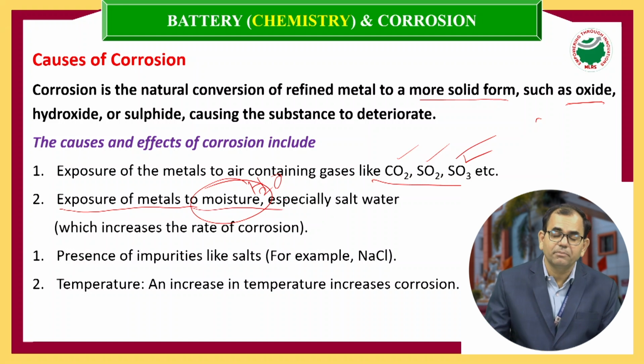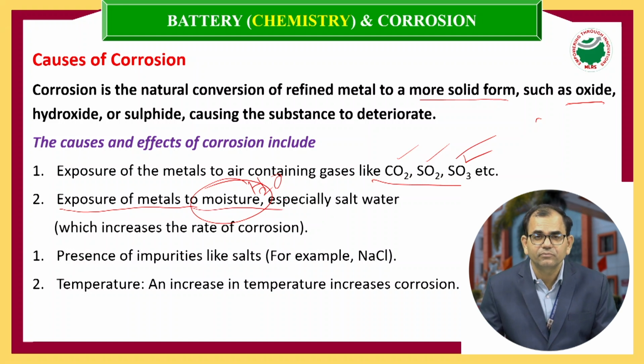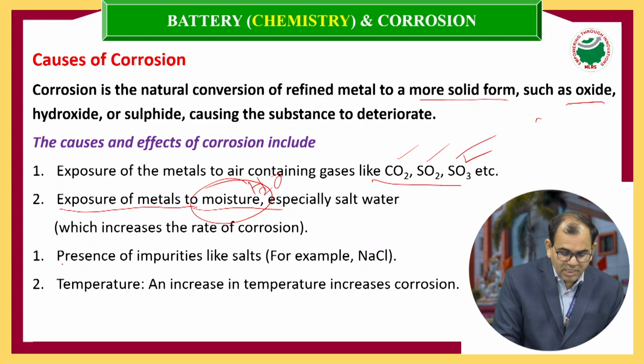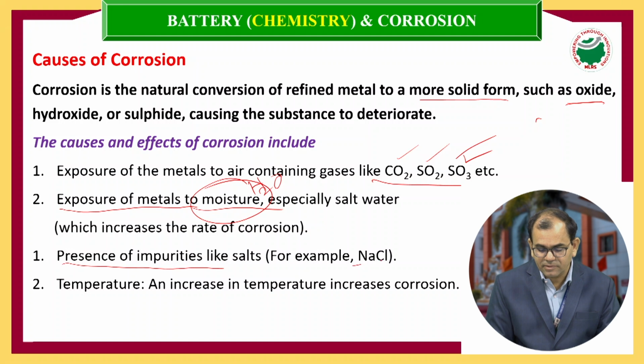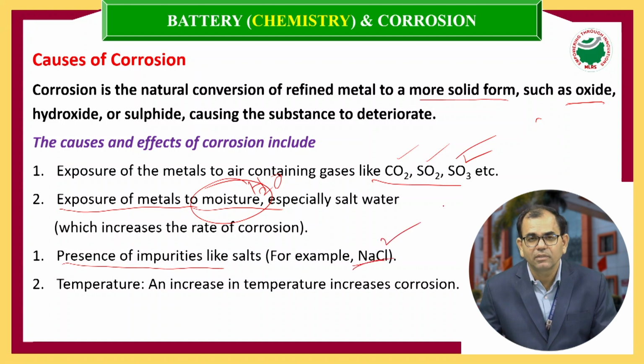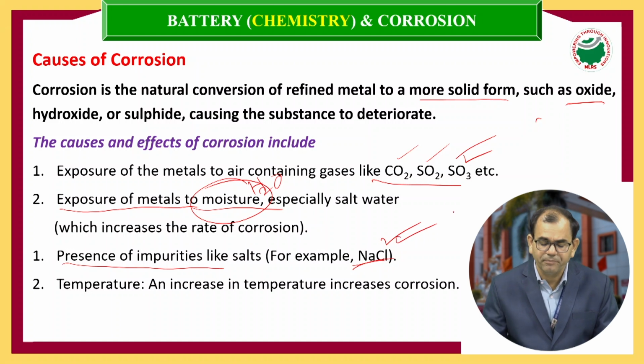These are the two main culprits: atmospheric oxygen and water damage iron through corrosion. Then the presence of impurities like salts, NaCl, sodium chloride. If any metal is more exposed to salts like NaCl, then definitely that metal will corrode.